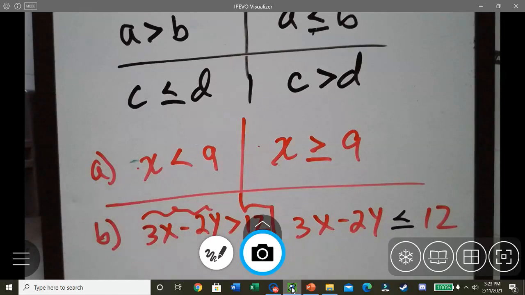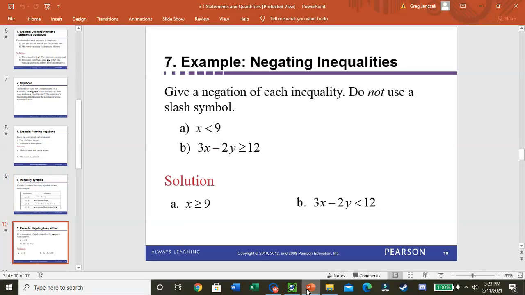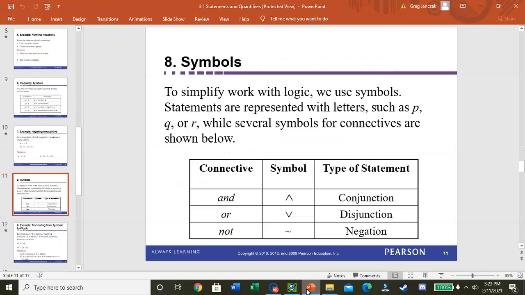Okay, so let's take a look at more PowerPoint notes. Symbols. To simplify work with logic, we use symbols. P and Q are the most common, sometimes R, sometimes S, but mostly we use P and Q. The connective and is a rooftop looking symbol, and that's a conjunction.